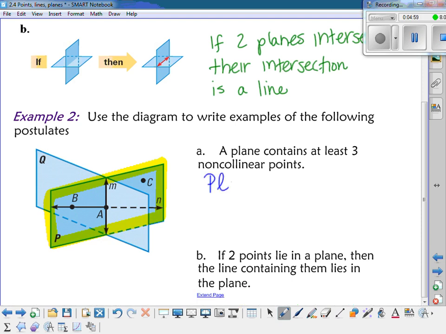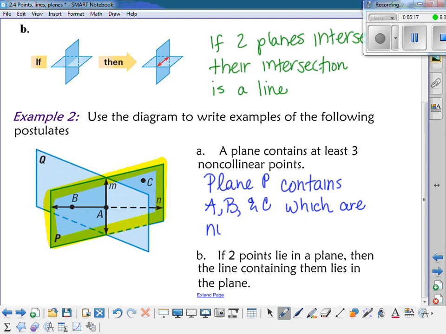So that's what I would write: plane P contains A, B, and C, which are non-collinear. So we're going from the general and then coming up with something more specific.